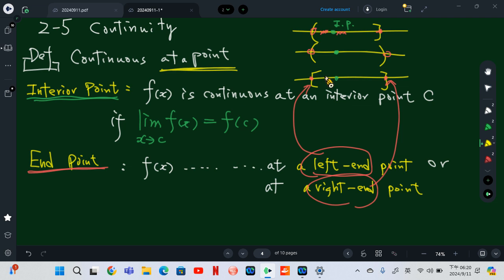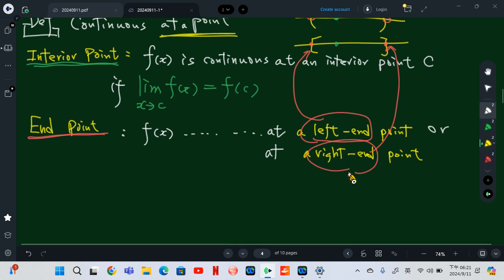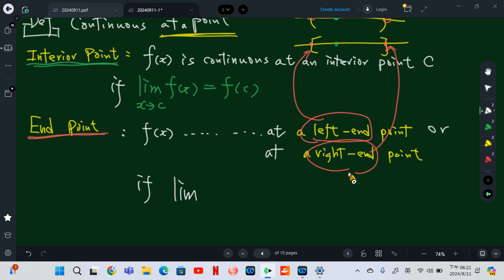So if this is A and this is B, limit as x approaches A plus of f of x should be the same as f of A. So we just focus on its right-hand side.